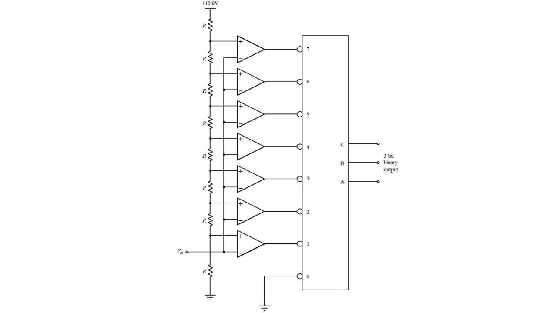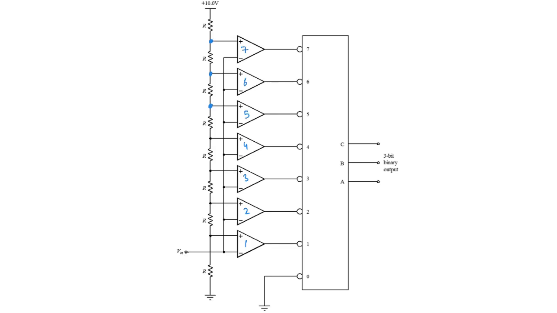The basic idea is that this resistor ladder makes sure that different voltages are introduced at different points to the different comparators. Let's number the non-inverting inputs of the comparators from the bottom: 1, 2, 3, 4, 5, 6, and 7.